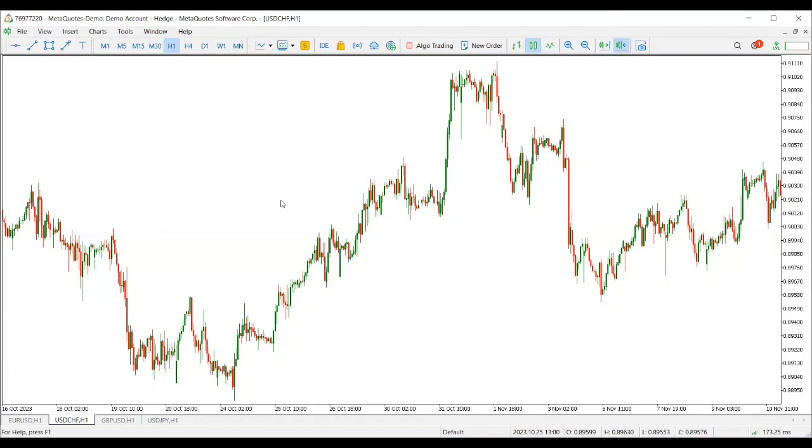Now, I won't talk on support and resistance, because what we are focusing on is just candlestick, the 3 categories of candlestick. But in the next course, after this one, I'm going to show you how to easily get your support and resistance accurately, and how to identify strong support and weak support, and strong resistance and weak resistance.